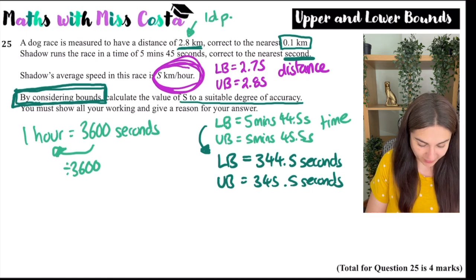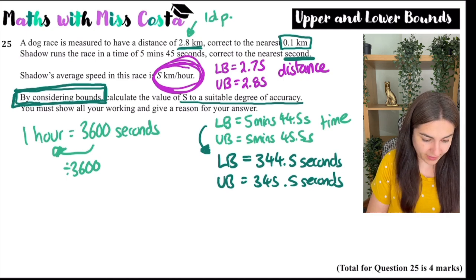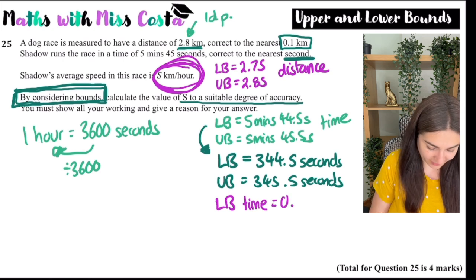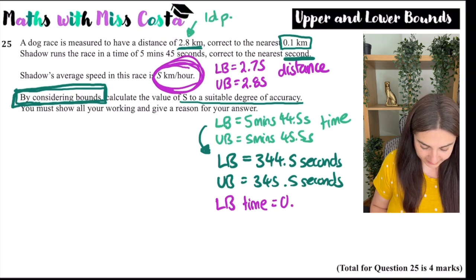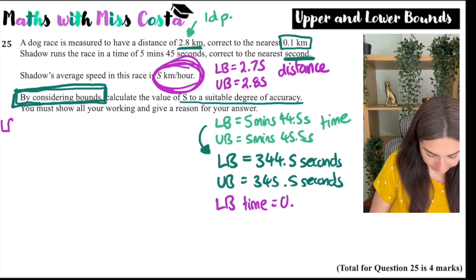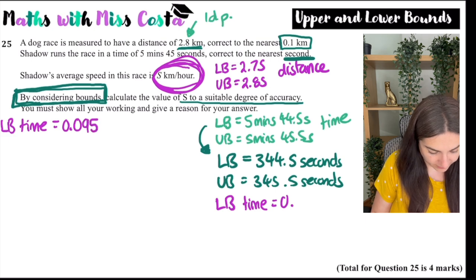So 344.5 divided by 3,600 equals, oh, this is nasty, but it's a calculator paper, so that's fine. So the lower bound of time is, actually, I'm just going to write it up here because it's long. So the lower bound of time is 0.095694 recurring.